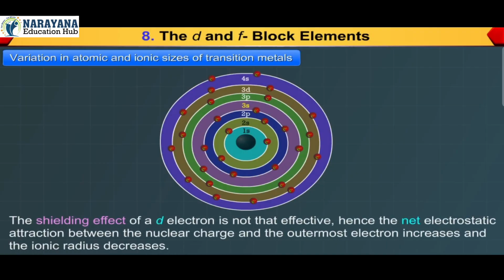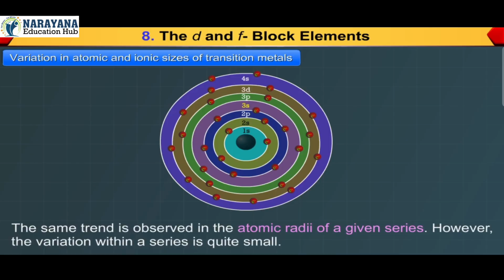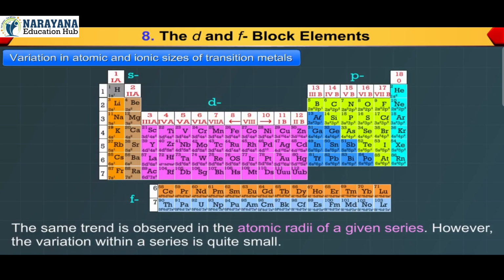The shielding effect of a d electron is not that effective. Hence, the net electrostatic attraction between the nuclear charge and the outermost electron increases and the ionic radius decreases. The same trend is observed in the atomic radii of a given series. However, the variation within a series is quite small.